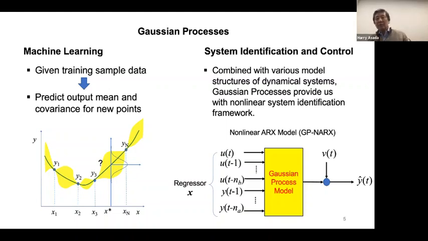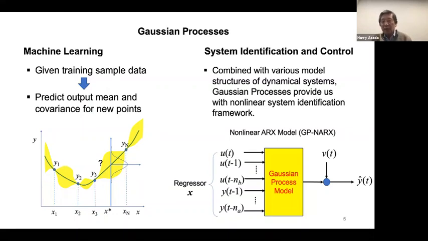System identification control area. This could be used more, but some interesting attempts have been made. Since the late 90s, there's been a significant increase in publications on this topic.